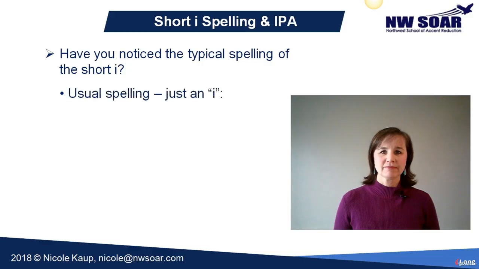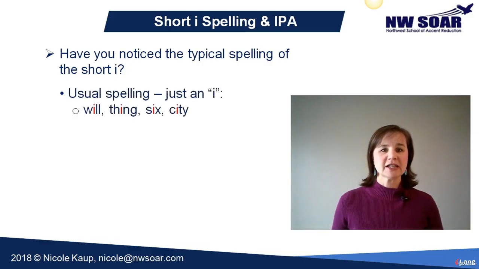It's almost always spelled with a single I. Let's take a look at some examples. Will, thing, six, and city. All of these words are spelled with one I in a syllable.